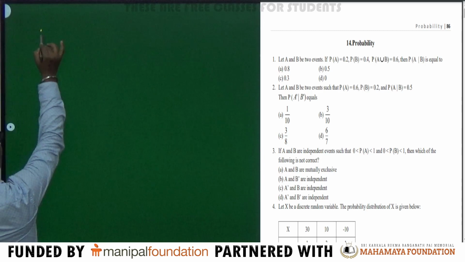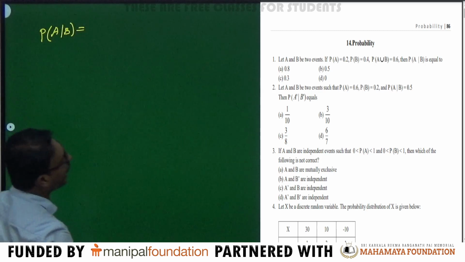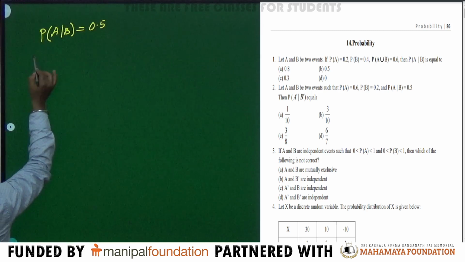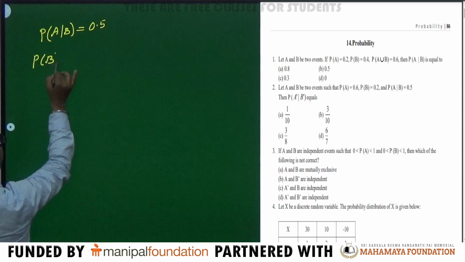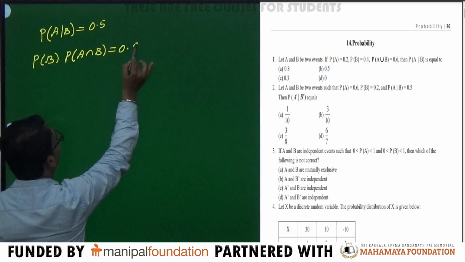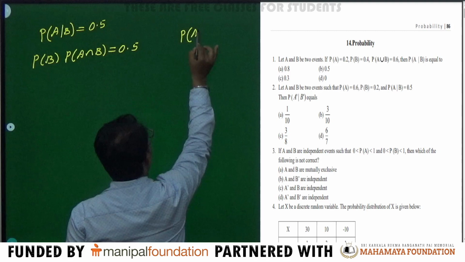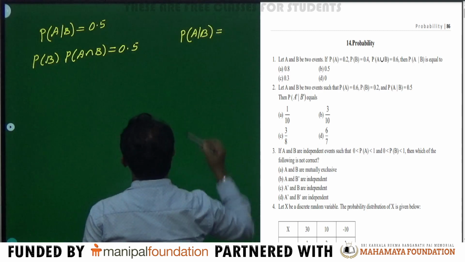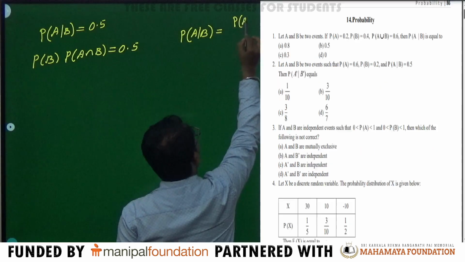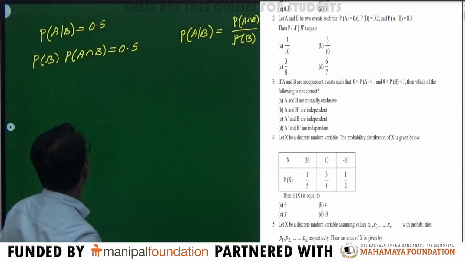So they given that probability of A given that B is already occurred is equal to 0.5, because we know that the formula to find probability of the event A given that B is already occurred is equal to probability of A intersection B upon probability of B. So this is the formula.